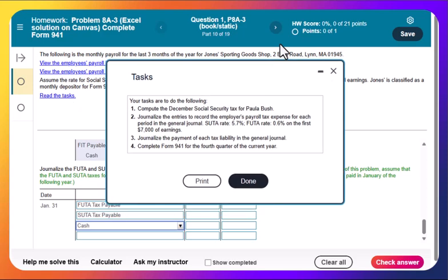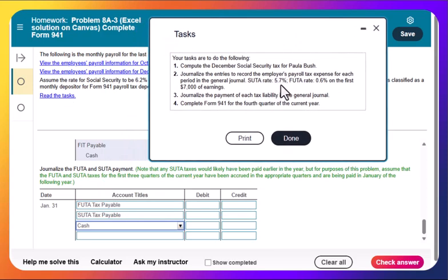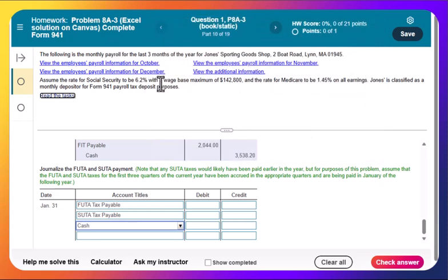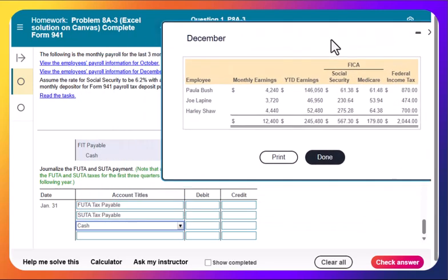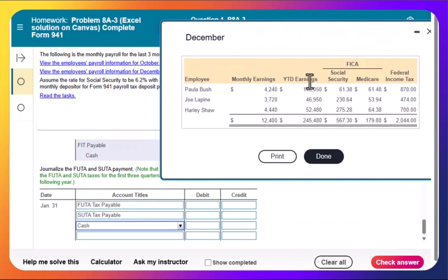So it looks like the SUTA rate here is 5.7%, the FUTA rate is 0.6%, and for each of those, it's on the first $7,000 of earnings. And that is per employee. So let's go ahead and see if everybody made over 7,000 that year. It does appear here in December, so that year to date, year end earnings here, everybody has made over $7,000.